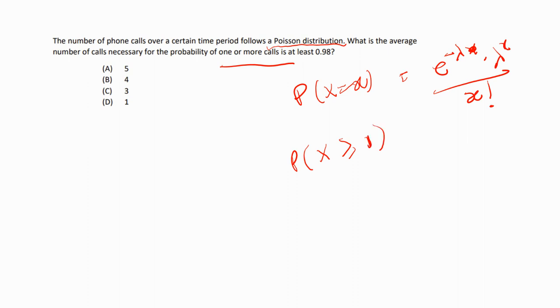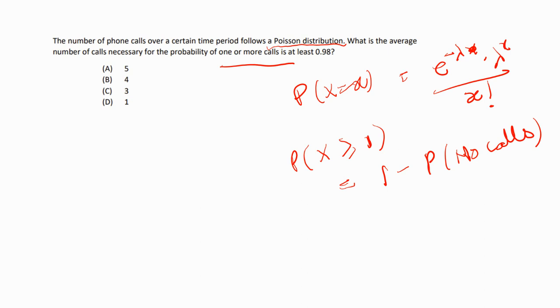Whenever we have the probability of one or more, or at least one, we simply take it as 1 minus the probability of no calls, because we cannot find the probability of one call, then two calls, and then three, in this way.